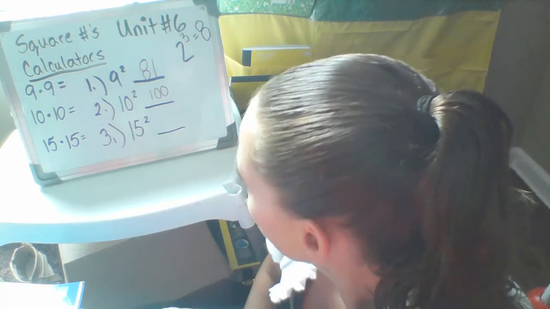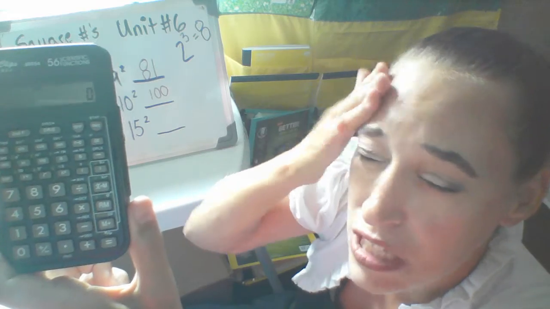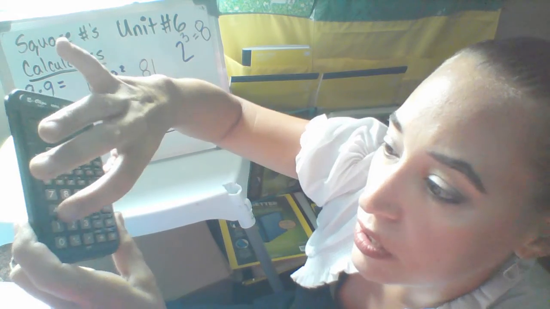Okay. And I think I already did 15 for you, which is 225, in case you didn't know off the top of your head. But we're going to do it again. 1, 5, square it, and you see 225.